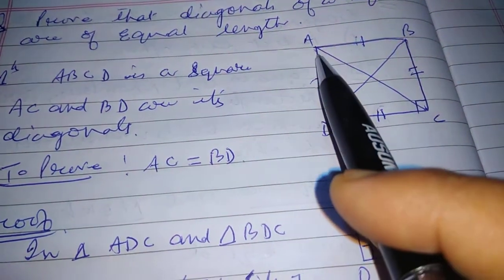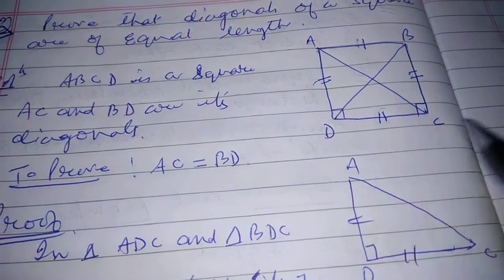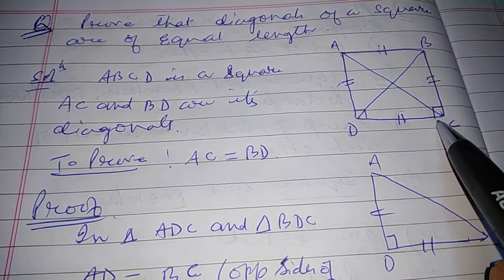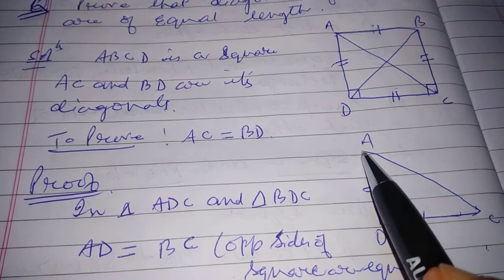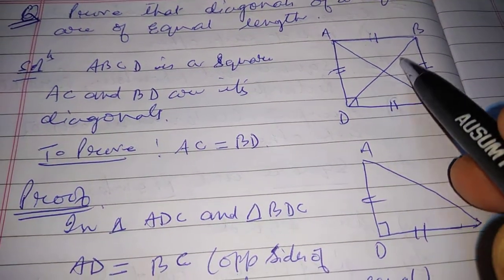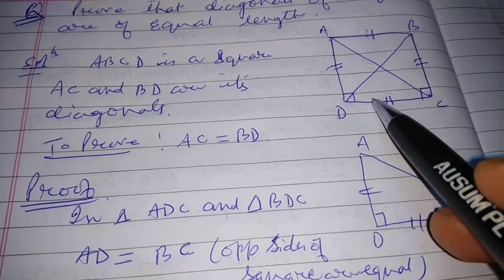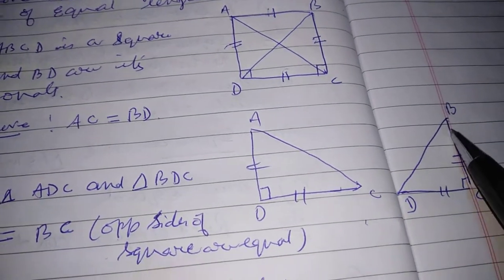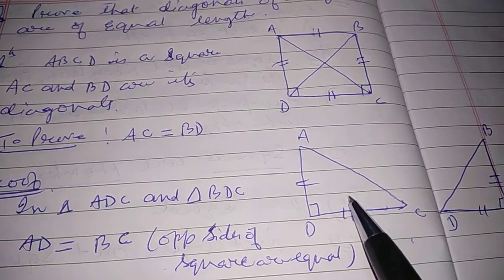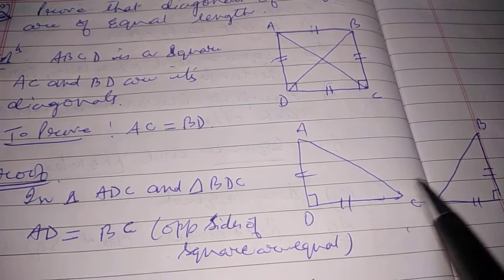Now you take this figure, ADC. This triangle ADC, a right angle triangle, you take out separately here. Now another triangle you take out here, BCD. This one you take out here separately, B, C and D. Now these two triangles you make congruent.